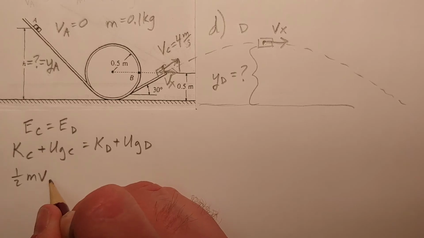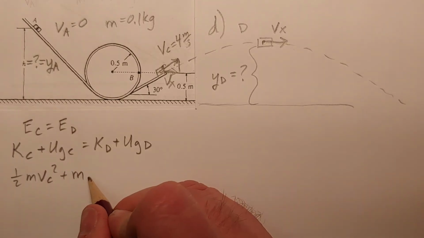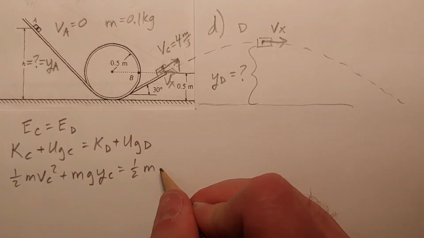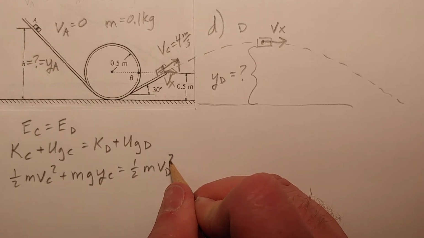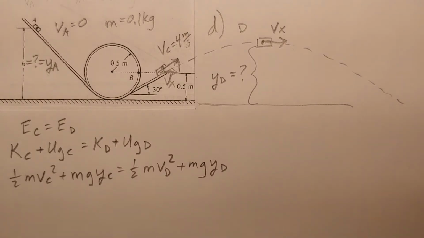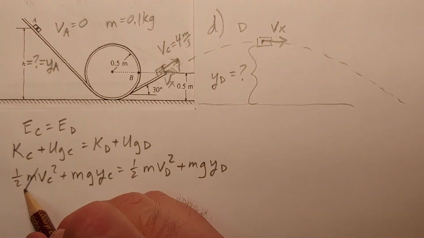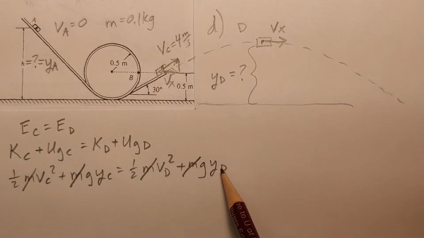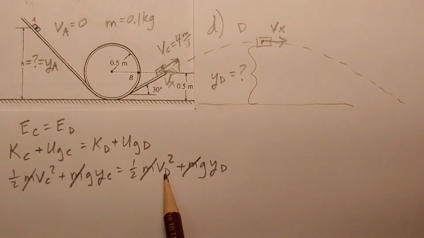So 1/2 m times the speed at point C squared plus m times g times the height at C equals 1/2 m times the speed at point D squared plus m times g times the height at point D. Mass cancels out. Remember, we're trying to find the yD here. And so we can solve for this by subtracting our 1/2 vD squared to the other side and then dividing by g.